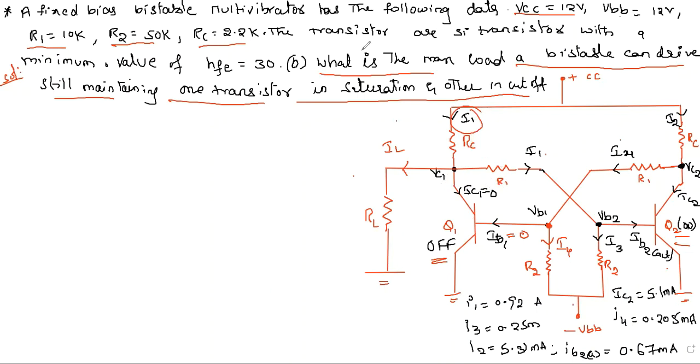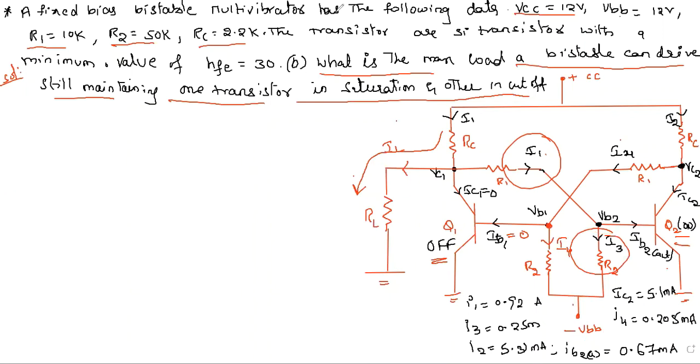But now as a load is attached over here, some of this I1 may also flow to this. So when some current flows to this, definitely the current flowing through R1 will change, so that this I3 will be fixed because IB1 is fixed and VBB is fixed.